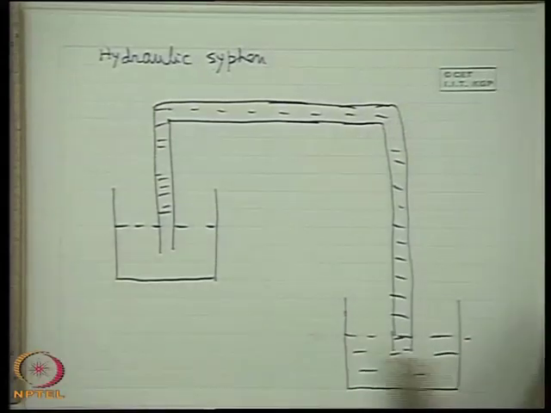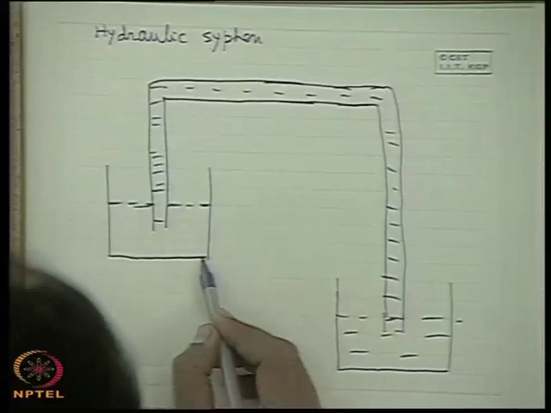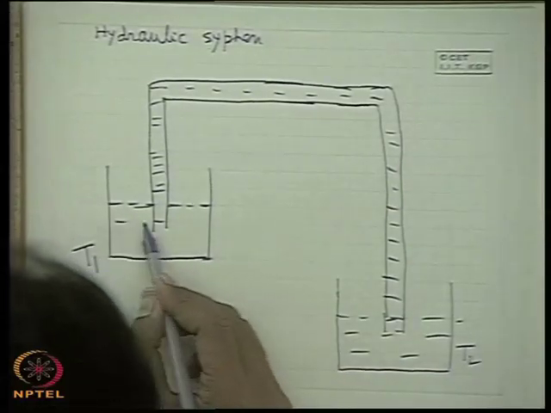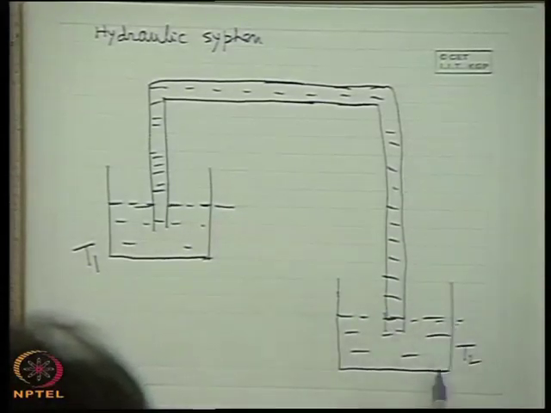Let us consider a situation like this. This is a hydraulic siphon. Let us consider two tanks, one is T1, another is T2. In tank T1, the water is at a higher elevation than the water level in tank T2.